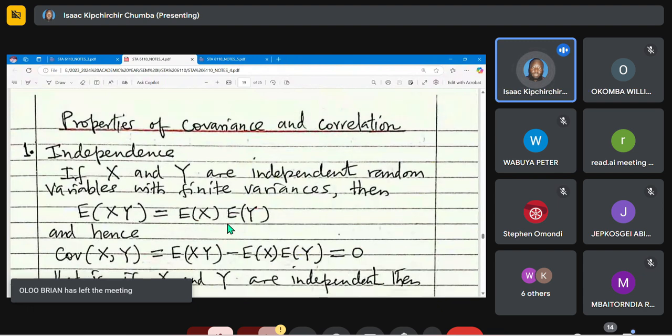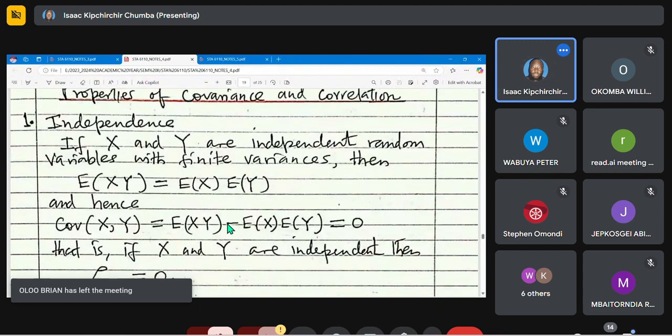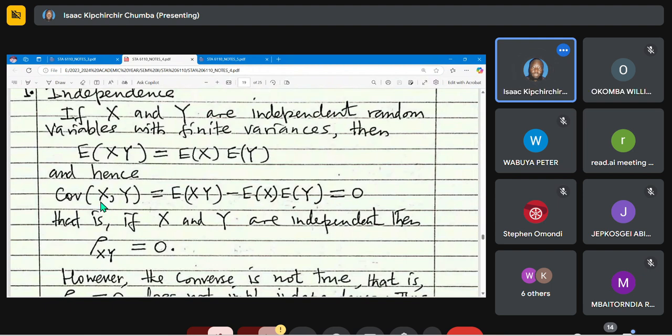Properties of covariance and correlation. The first one is independence. If X and Y are independent random variables with finite variances, then we have talked about this: the mixed moment is the product of the means. Hence from the formula of covariance, the mixed moment minus the product of the means will be 0, because the two are equal.